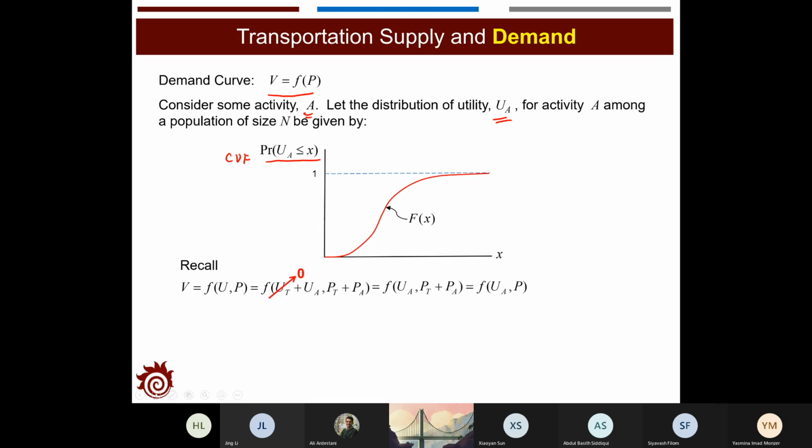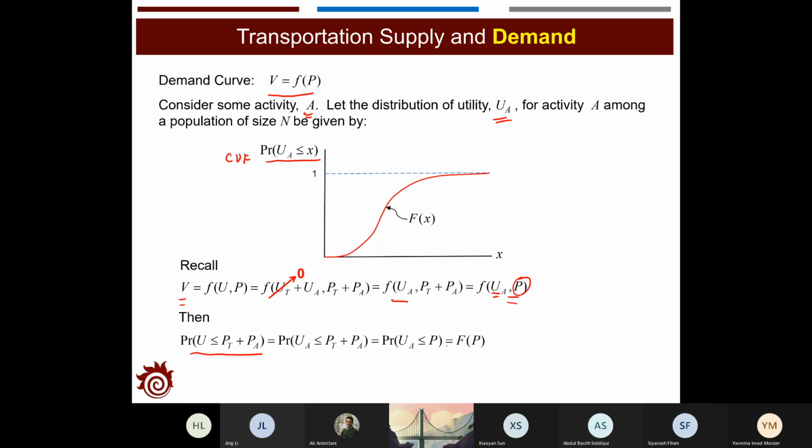And now let's recall the equilibrium equation. We find that V is determined by the utility and the total cost. And we also know there's a distribution about the utility. And now we need to check the probability of the utility that is less than the total cost.